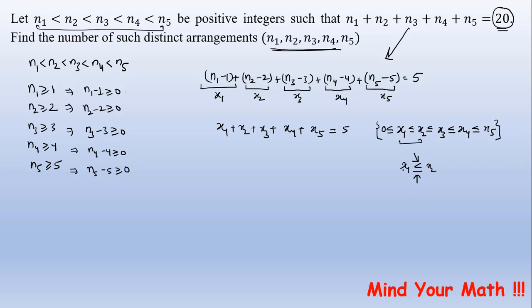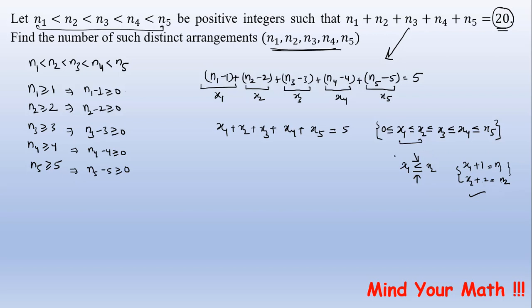Because even if x1 and x2 are equal, x1 plus 1 is equal to n1 and x2 plus 2 is equal to n2. So even if x1 and x2 are equal, this will make sure that n1 is less than n2. That is why we have taken the equality sign in each case.